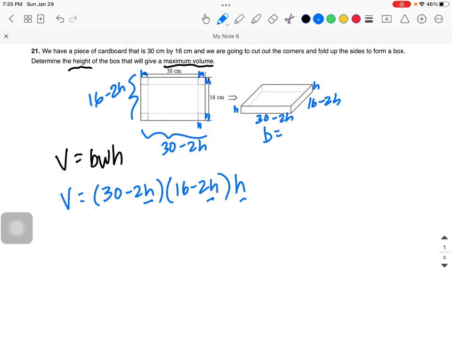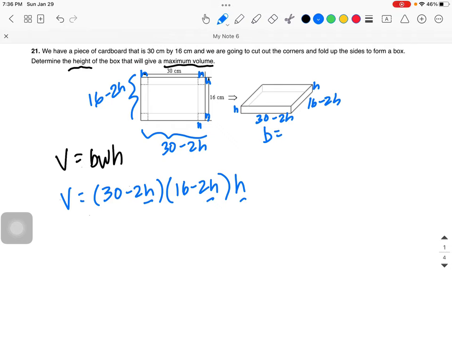And our solution will be found by setting V prime equal to 0. So I'm going to do hopefully a couple more steps, and if it gets really ugly, then maybe I'll let you finish it. But before I take the derivative, I would distribute all of this so you have easier numbers, and then you can just do the power rule.